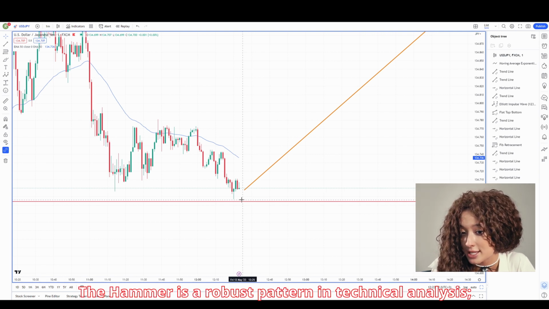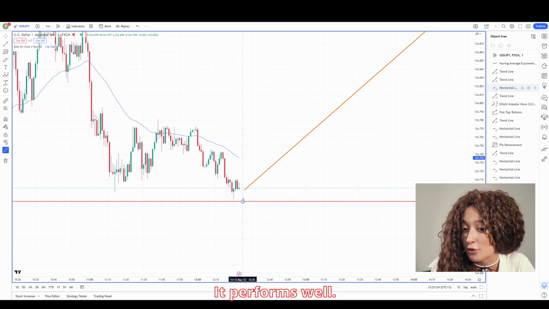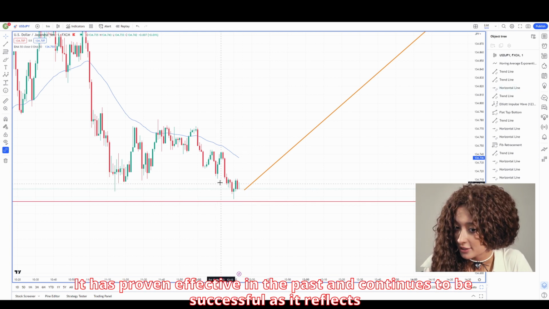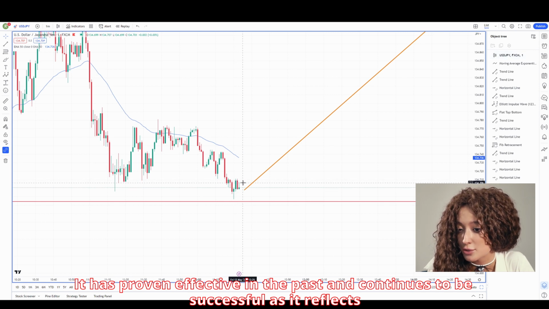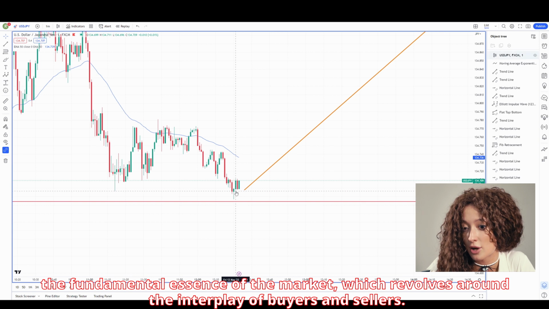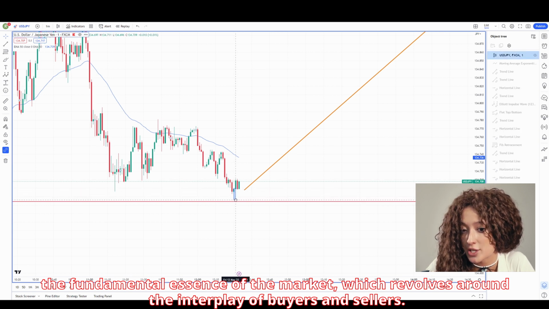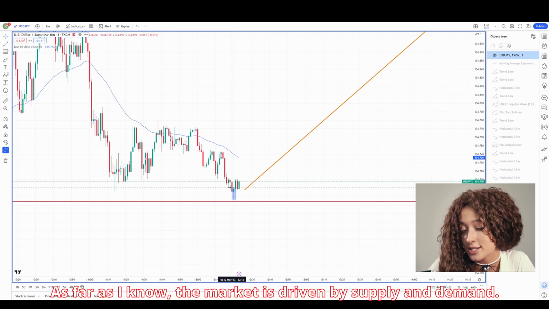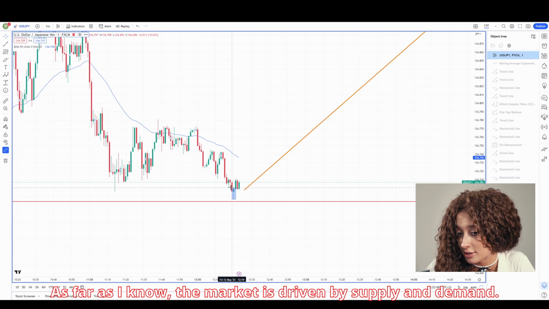The hammer is a robust pattern in technical analysis. It performs well. Achieving a success rate of nearly 95% makes it quite reliable. It has proven effective in the past and continues to be successful as it reflects the fundamental essence of the markets, which revolves around the interplay of buyers and sellers. As far as I know, the market is driven by supply and demand.